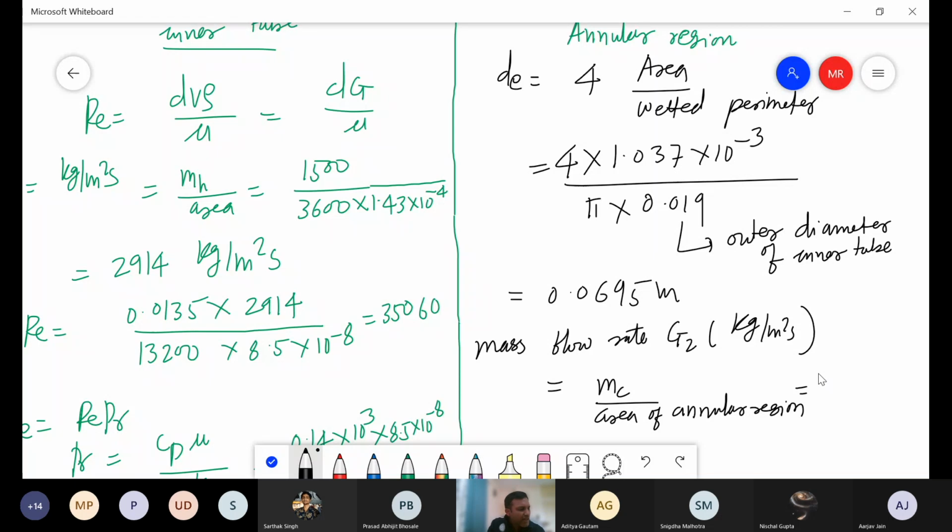And MC we have obtained as 750 divided by the area of the annular region. We already know 1.037 into 10 raised to power minus 3. But in addition to this, we should be dividing by 3600 because the 750 is in kg per hour.